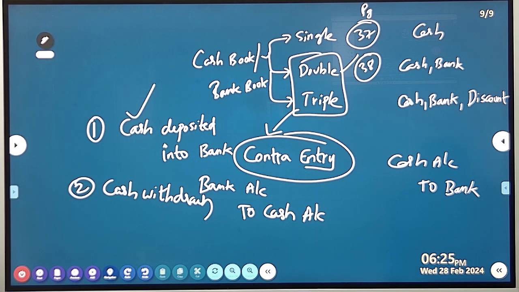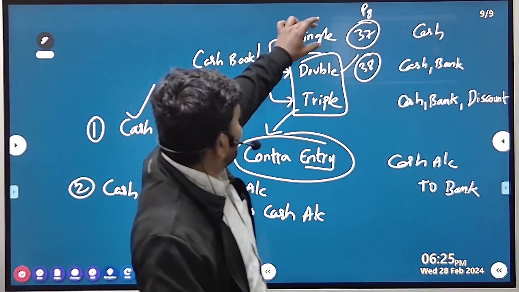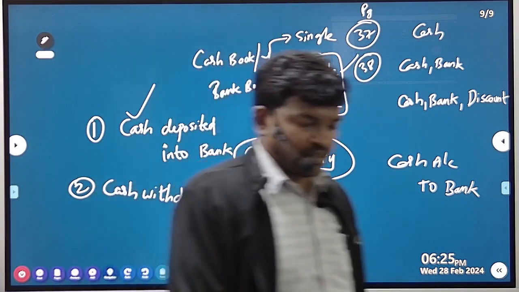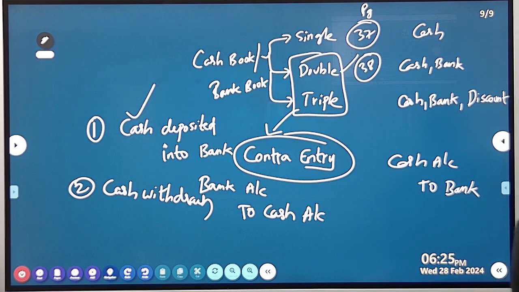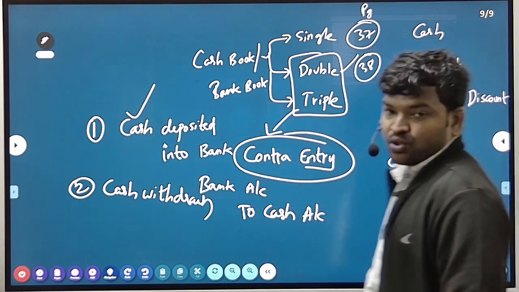These are all the examples. You don't have a contra account in single column, because you will maintain cash account different, bank account different. That's simple. Clear? This is about cash and bank book. Any doubts till now?